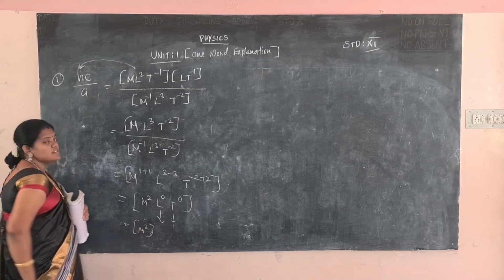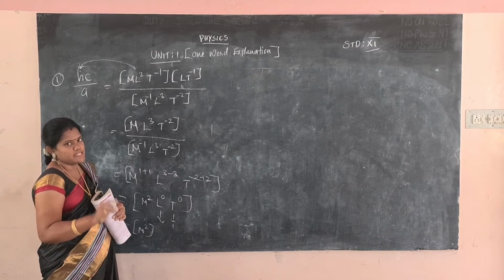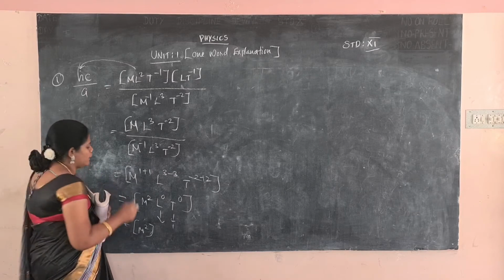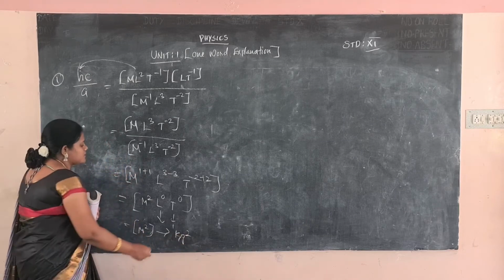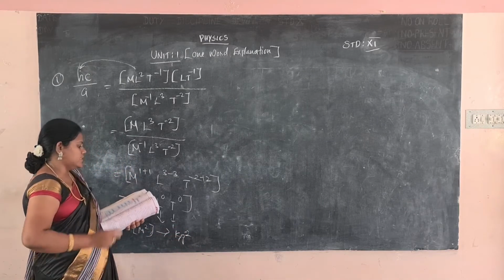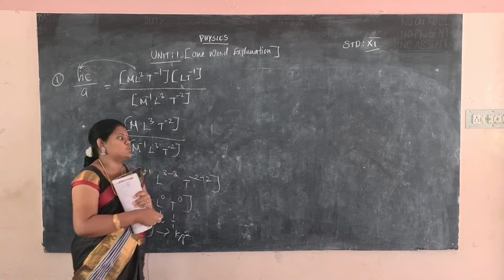What is M? That is mass. What is the unit of mass? It is kilogram. So the unit is kilogram square. This is the answer; the option is A. How will you derive that?